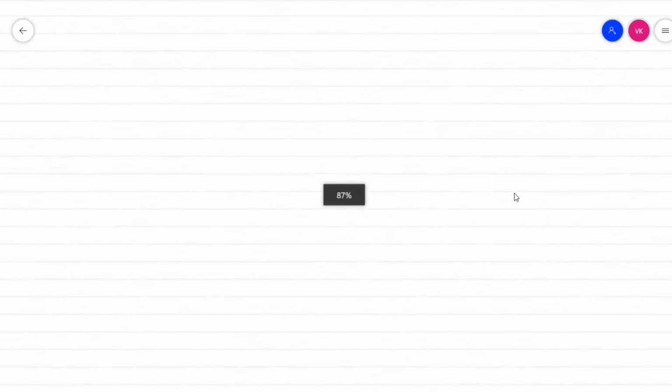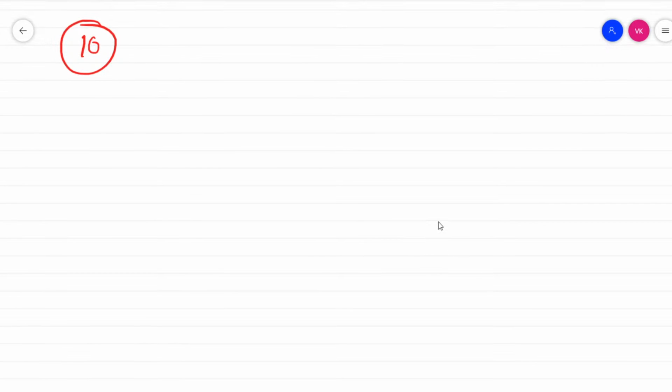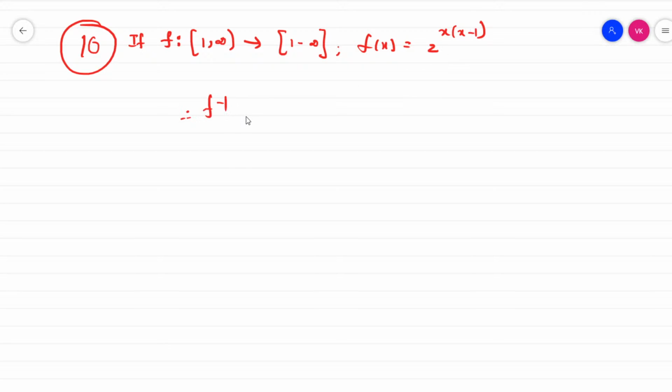The 10th question is given as: if f maps 1 to infinity to 1 to infinity and f of x is equal to 2 power of x minus 1, then find the f inverse. So we have to find f inverse first of all.